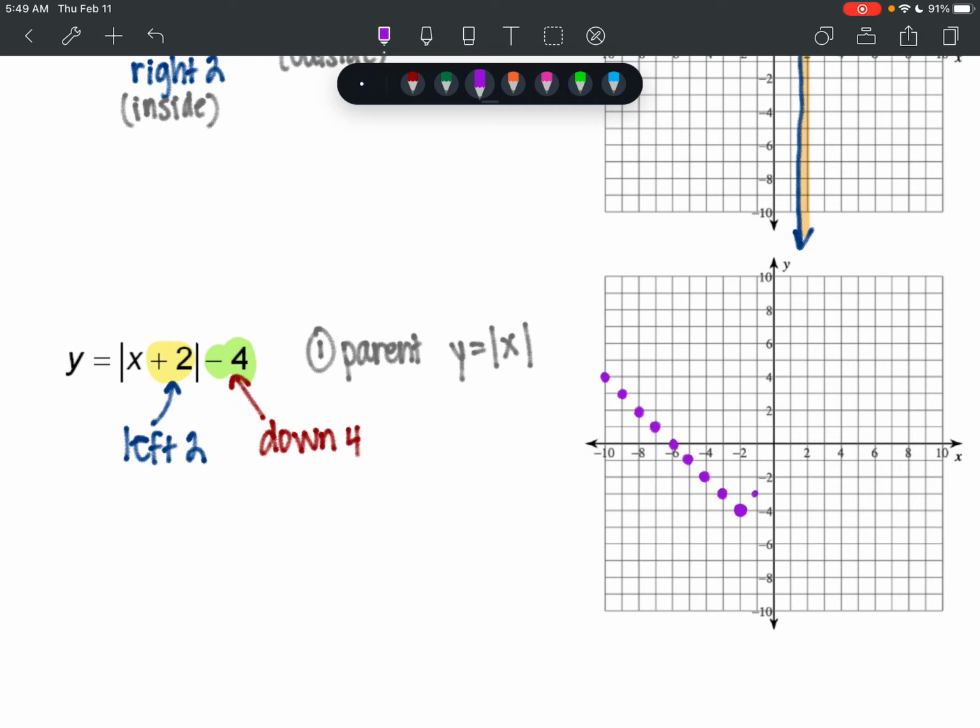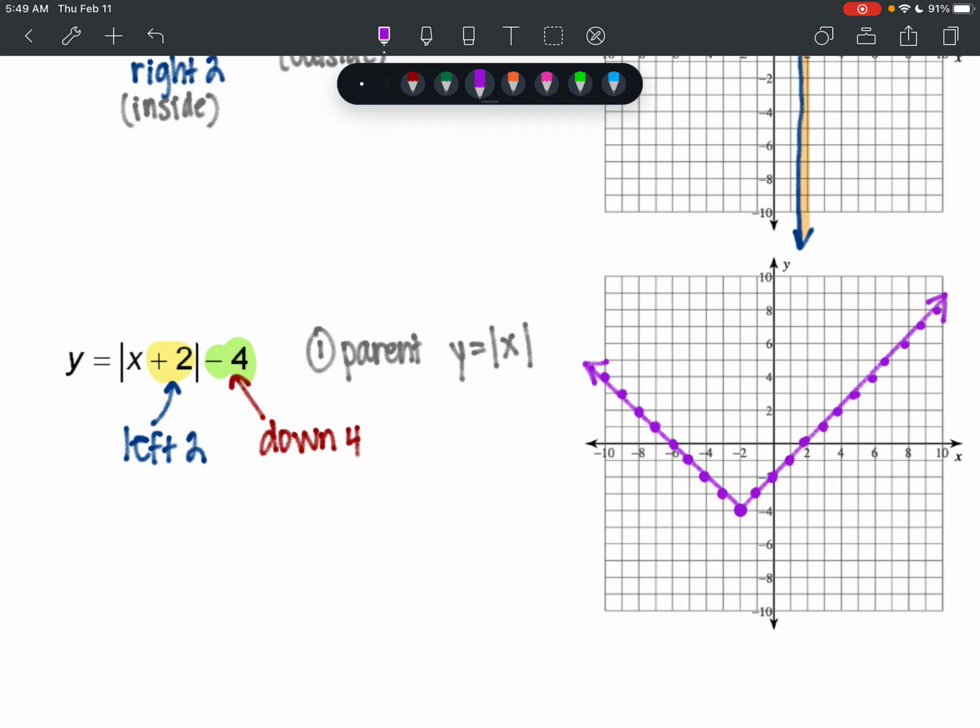And then from the vertex we go up 1, right 1, up 1, right 1, and we fill in the grid as completely as we can. We use a straight edge because these are straight lines, and we enter and exit the grid.